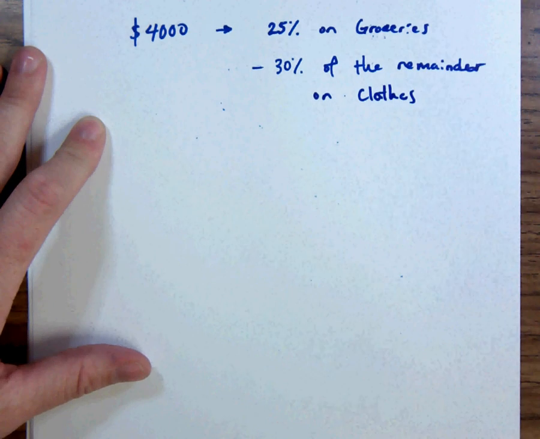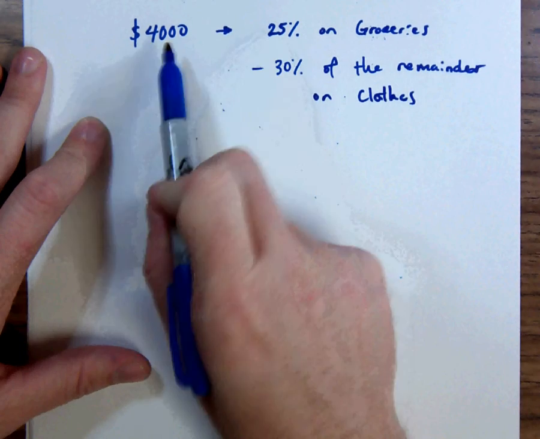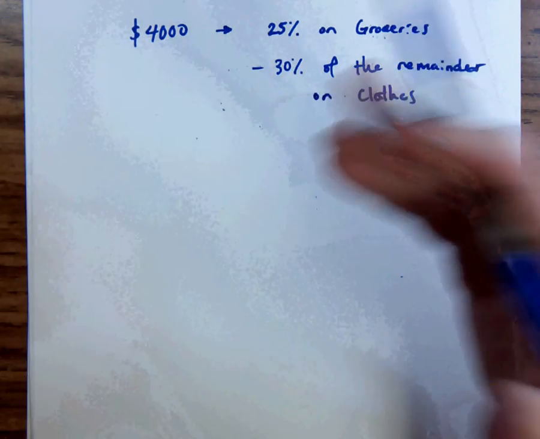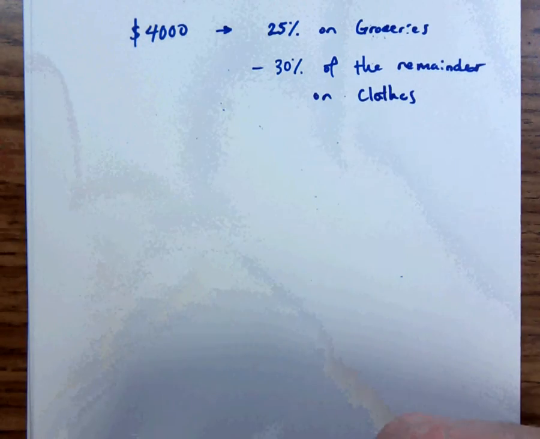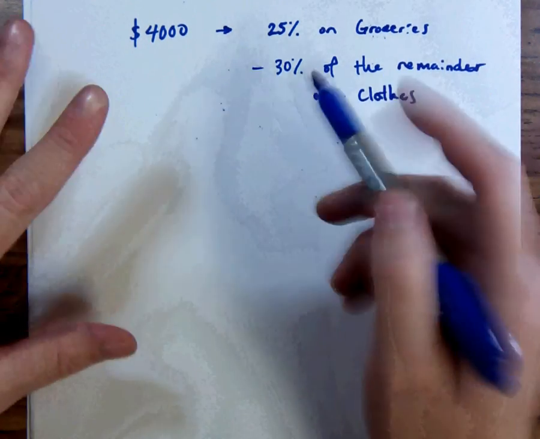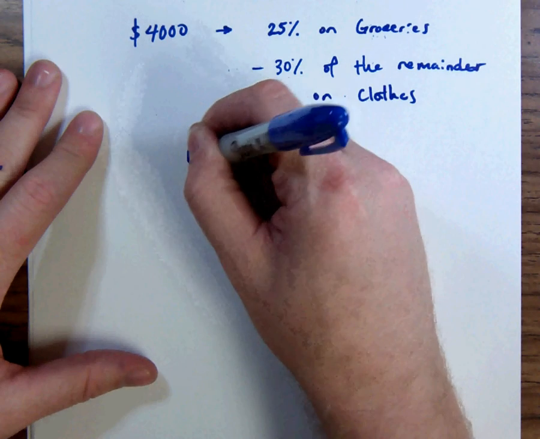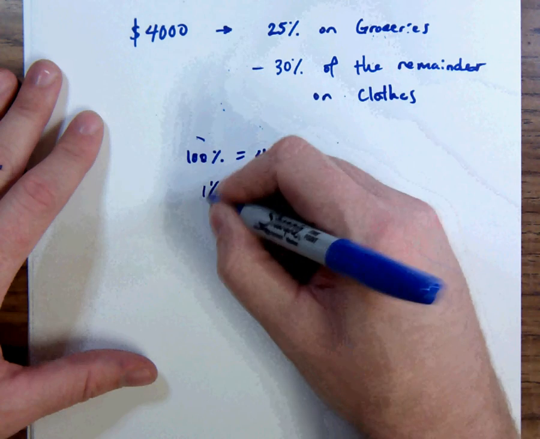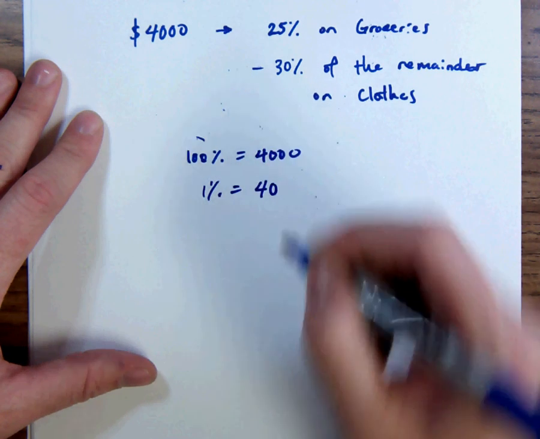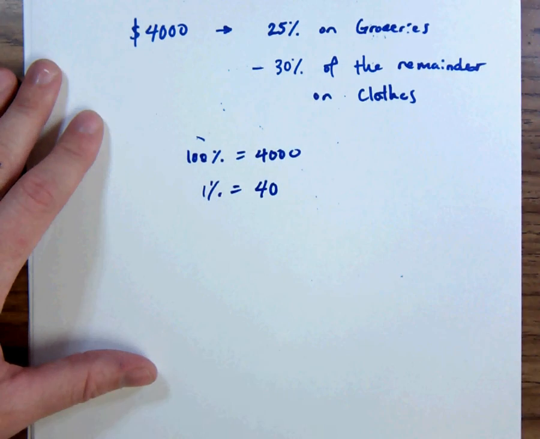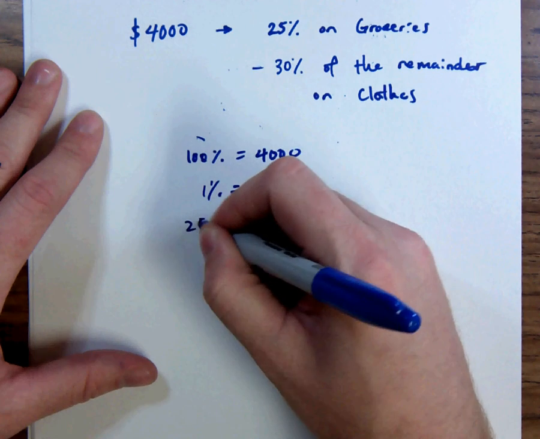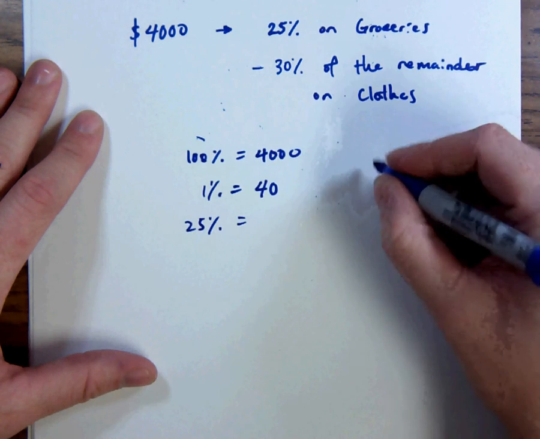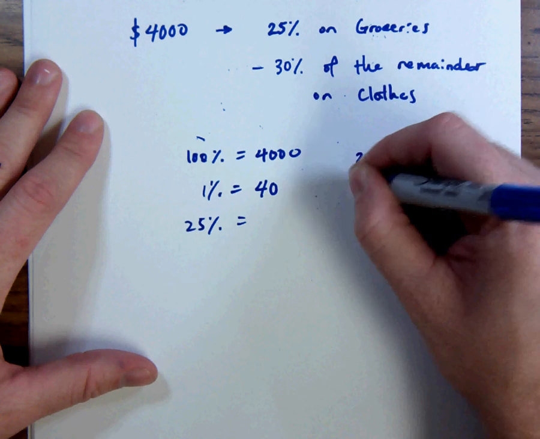So we want to find 25% of 4,000, and we're taking that away. Some of you can see that in your head, but let's do 100%. Well, that's equal to 4,000. 1%, that's equal to 40. Move the decimal over twice. 2 of those zeros get canceled out. 25% is going to be 25 times 40.